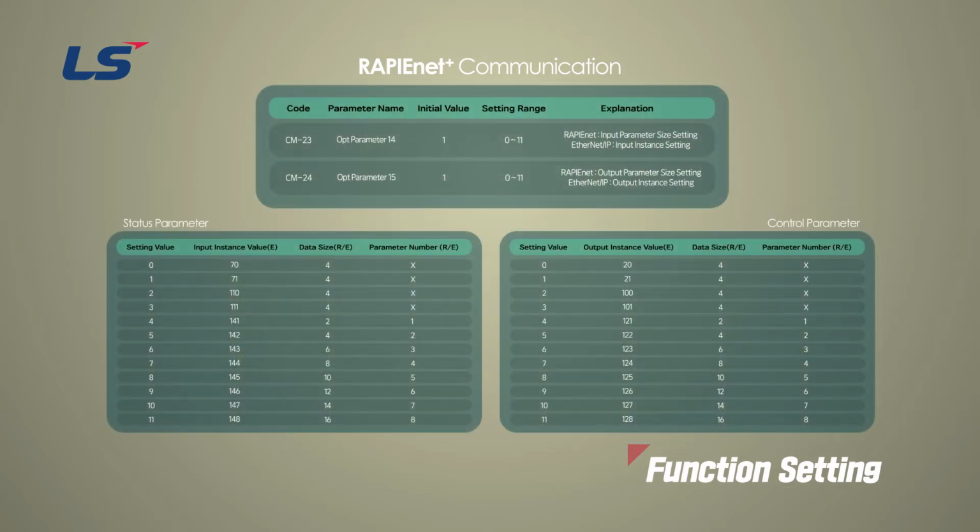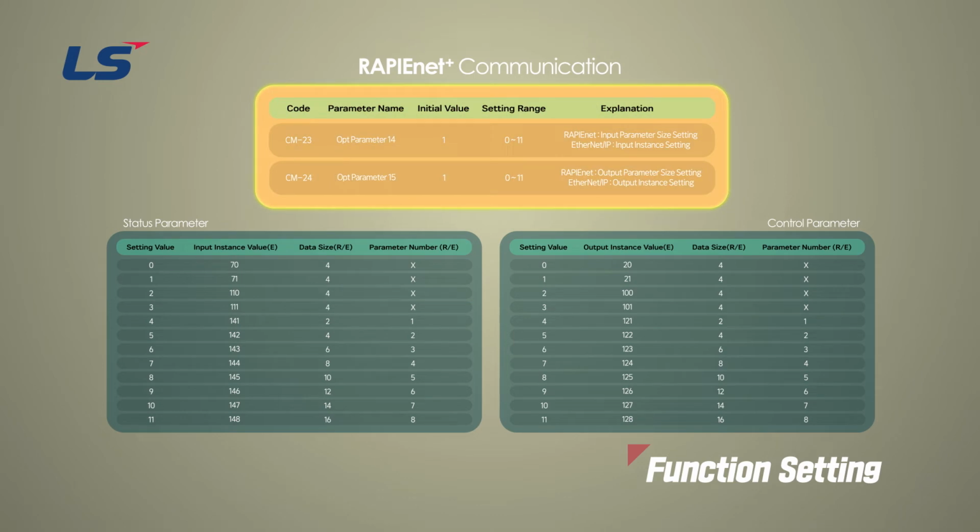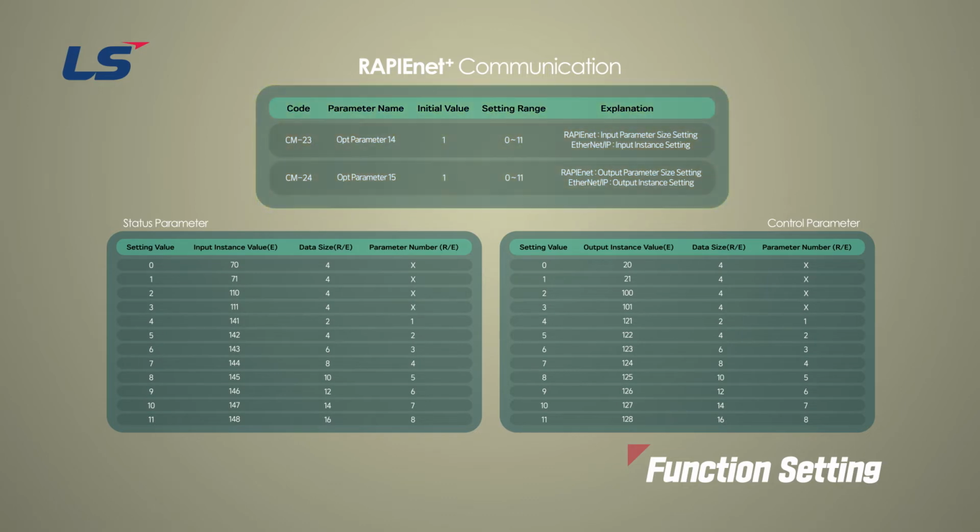After setting the IP address, you need to set up the communication area. For RAPIEnet communication, it is necessary to set the status parameter, which is the read data area, and the control parameter, which is the write data area, of the inverter. The number of each parameter sets the number of status parameters in CM group 23, and control parameters in CM group 24.